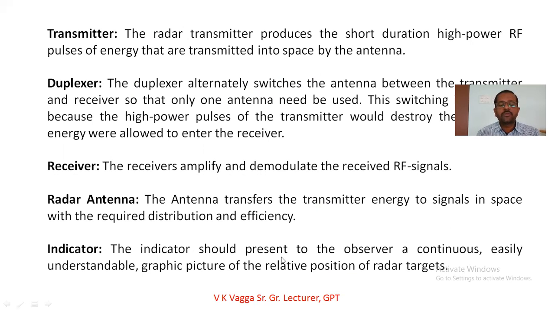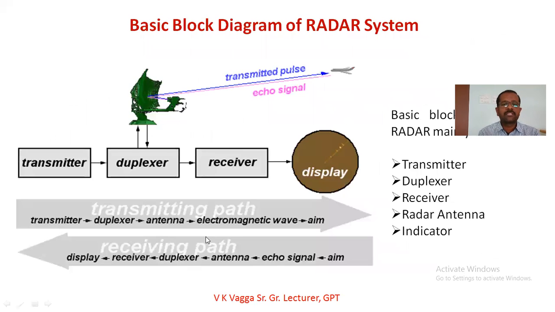The indicator is going to present to the observer a continuous, easily understandable graphic picture of the relative position of the radar target. What is its direction, what is its position, what is its range, all of it gets displayed by this indicator here. Okay, this is about the basic block diagram of the radar system.